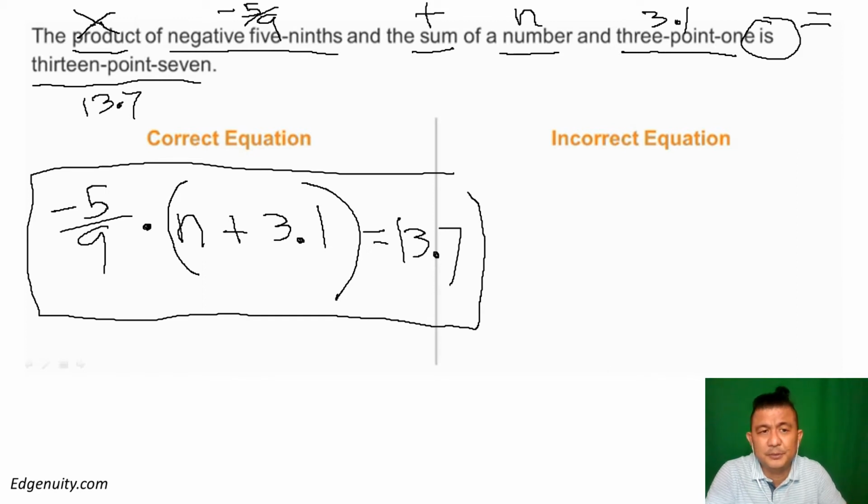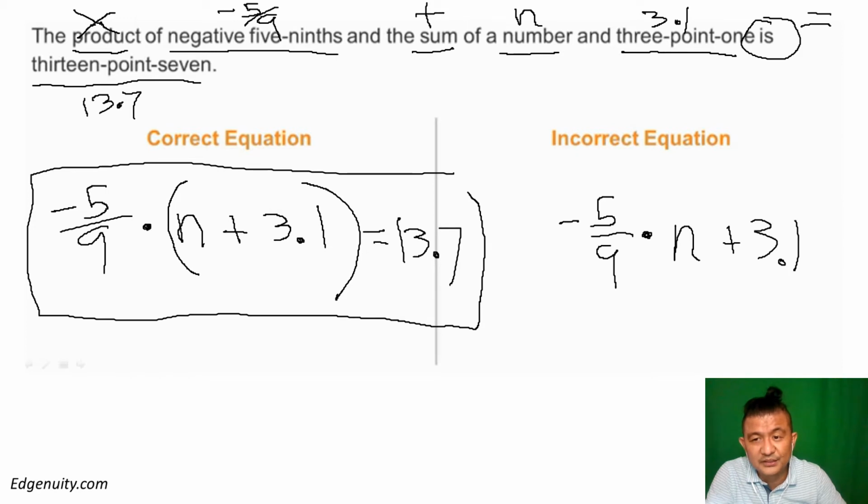But sometimes people will write it this way. The product of negative 5 ninths and the sum of a number, and then add 3.1 is equal to 13.7. They are totally different. Why?